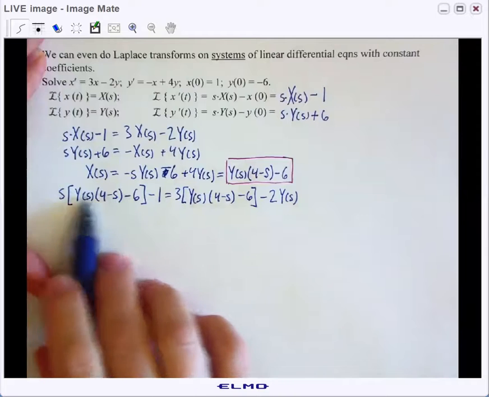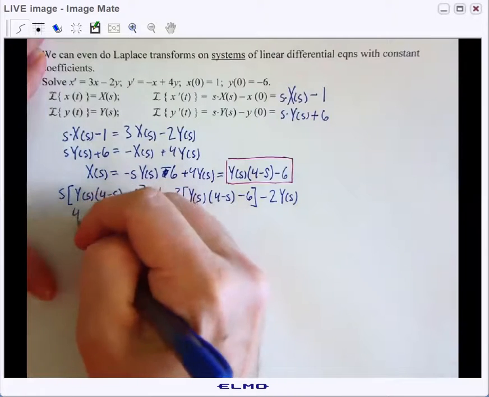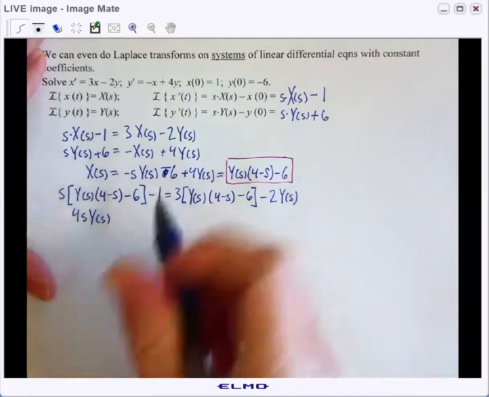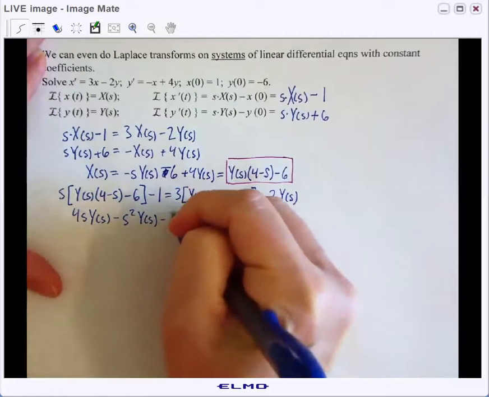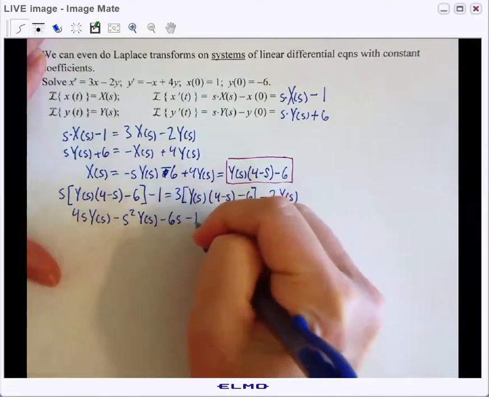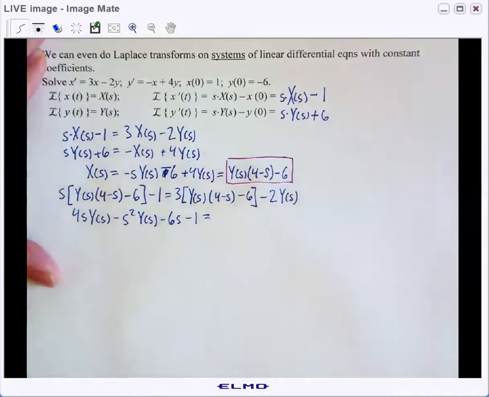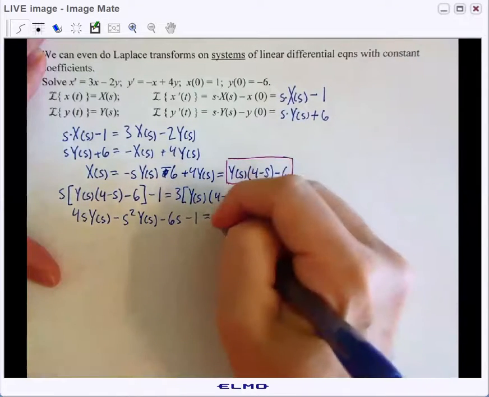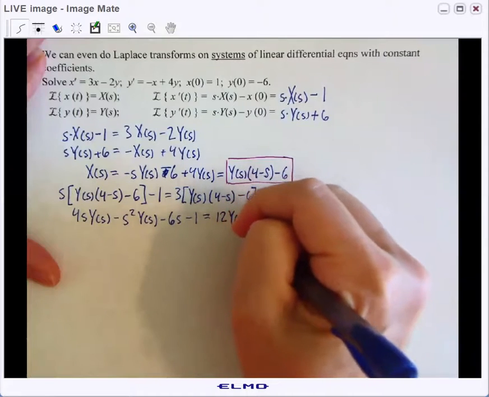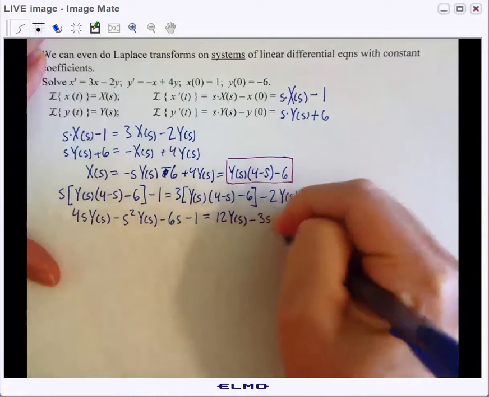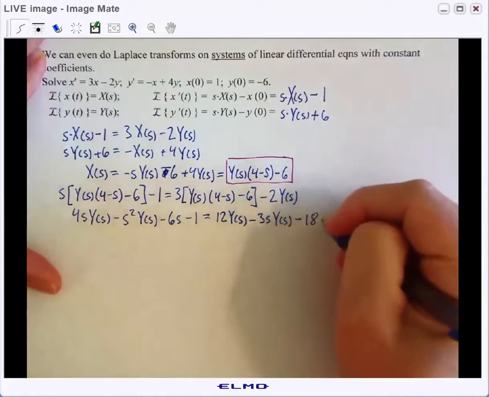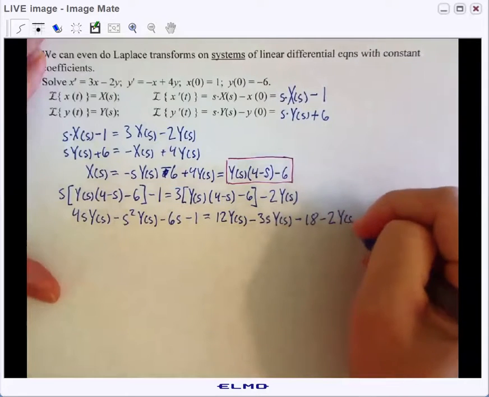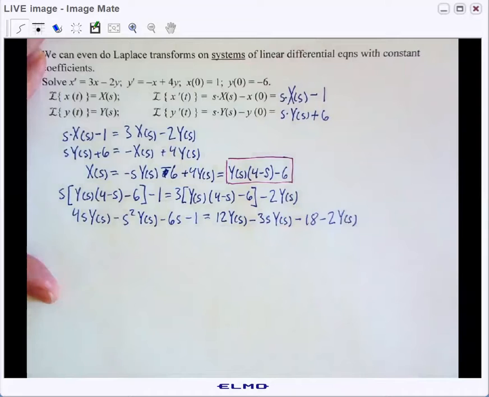So a couple of algebra steps here, we're going to get 4s Y of s minus s squared Y of s minus 6s minus 1 equals 12 Y of s minus 3s Y of s minus 18 minus 2 Y of s. Okay, let's see if we can collect all the Y of s terms together.